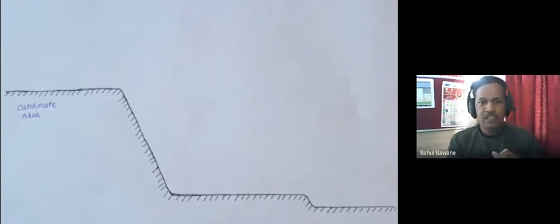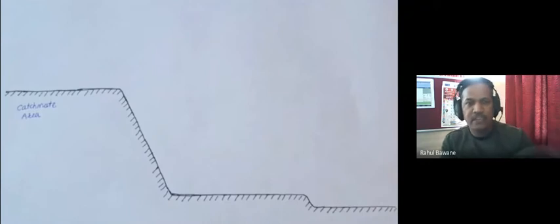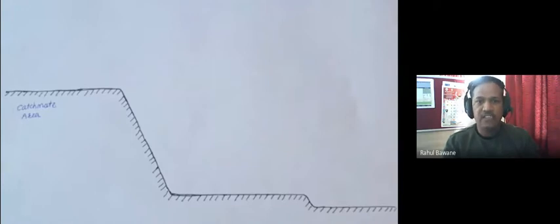So we must have such a site where by nature we can form a reservoir at height, in a hilly area. Then automatically potential energy gets stored in that water. And this is the major drawback of this power plant, that such a site is very rare.